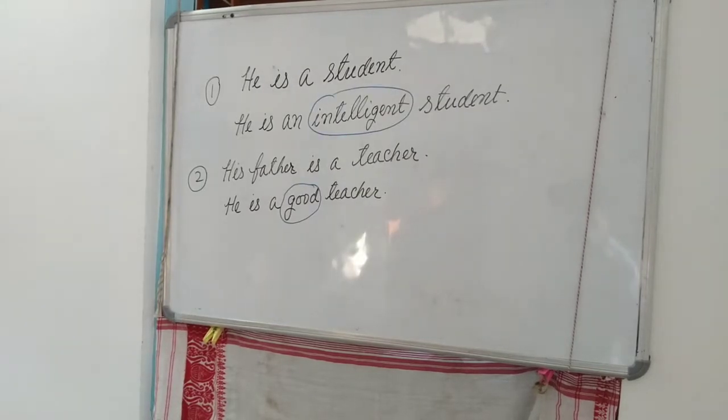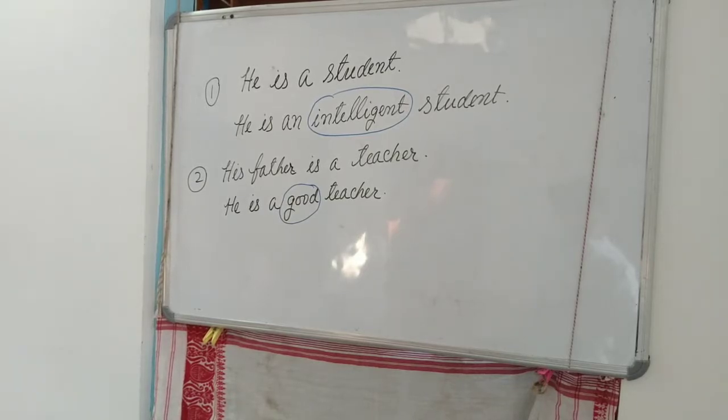Let's take two pairs of sentences. In the first pair, the first sentence is: he is a student. Here, student is a noun. But in the second sentence, we write: he is an intelligent student.